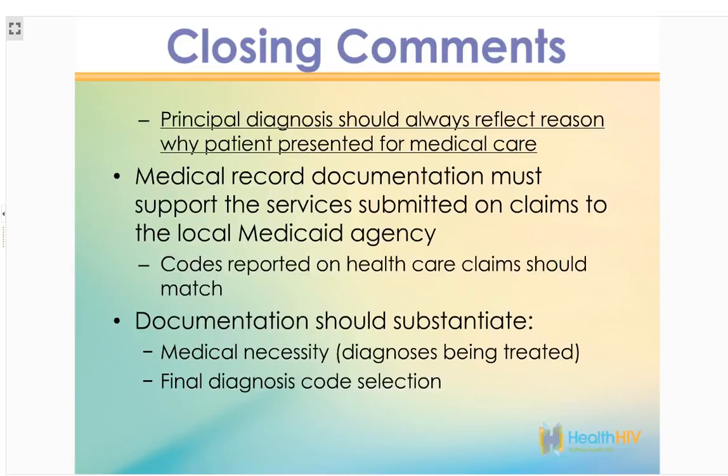The exception to the rule is if any of those chronic conditions exacerbate and the time spent by the provider is spent trying to manage that particular condition, that would change the sequencing of your codes. So if the patient comes in for an acute problem, the chronic conditions are stable, but the patient just needs some meds, you're going to document the patient has AIDS, they're stable on their meds, but they need a prescription refill. The acute problem is the principal diagnosis.